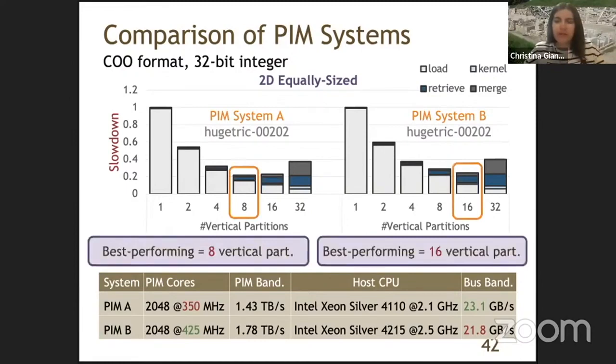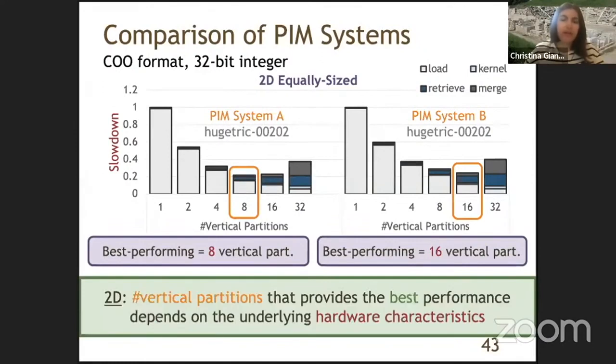So in this experiment, we find that for two different PIM systems, the best performance is achieved using a different number of vertical partitions. In other words, the number of vertical partitions that provides the best end-to-end performance depends on the characteristics of the underlying PIM hardware, or the PIM system.